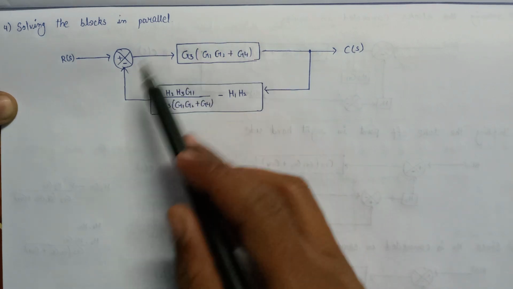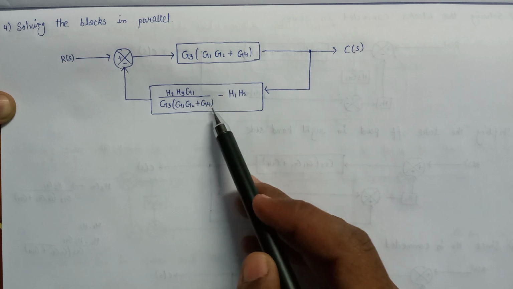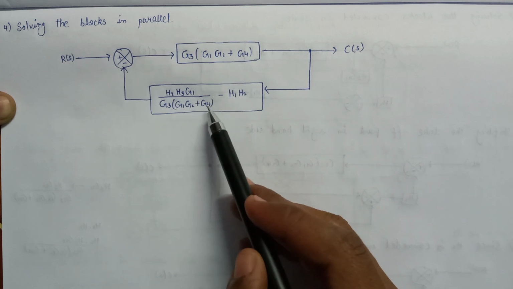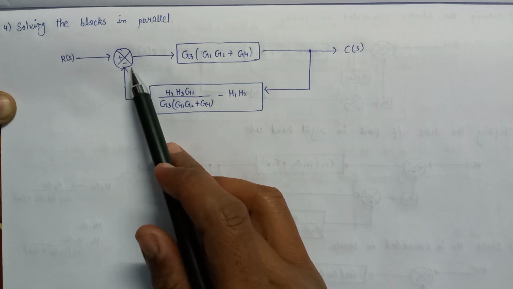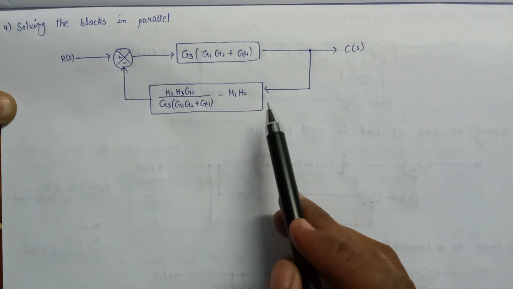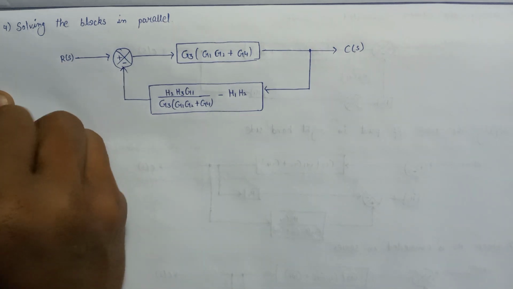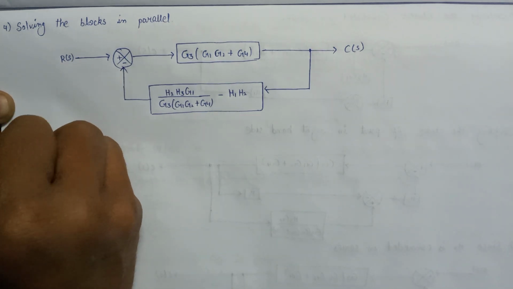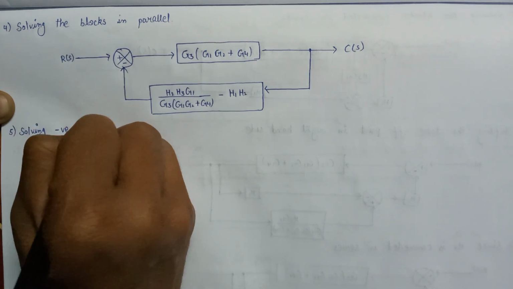Now here is a feedback system. Here is a forward path gain and here is a feedback path gain. The feedback path gain is connected with a negative sign here. So this is nothing but a negative feedback system. So our next step is to solve the negative feedback system.